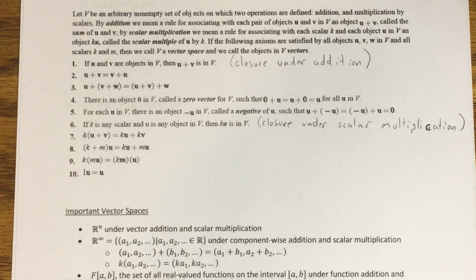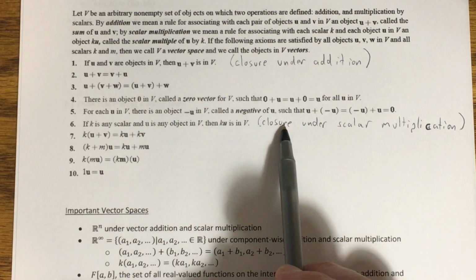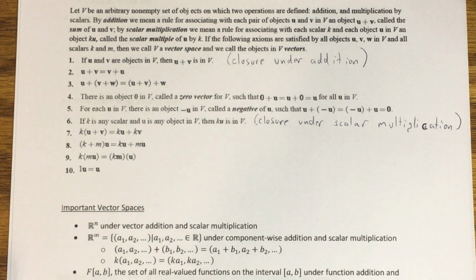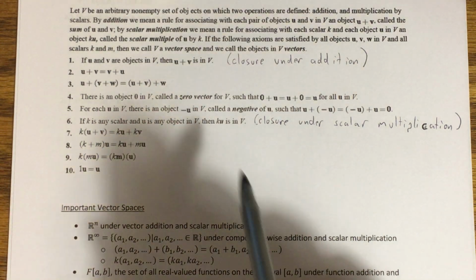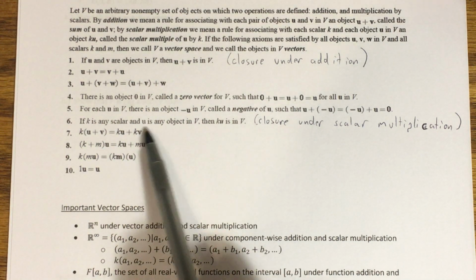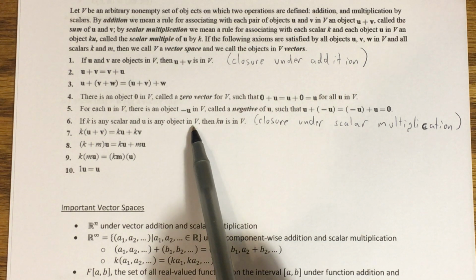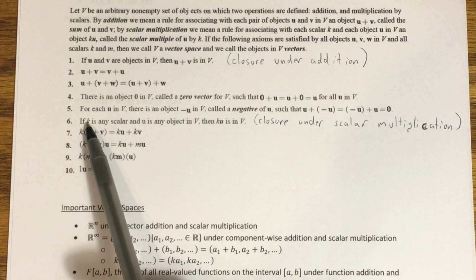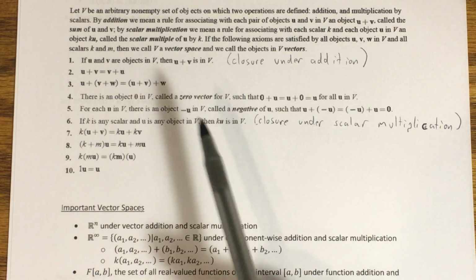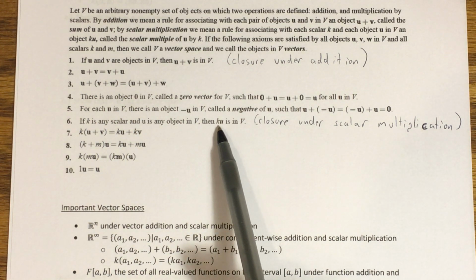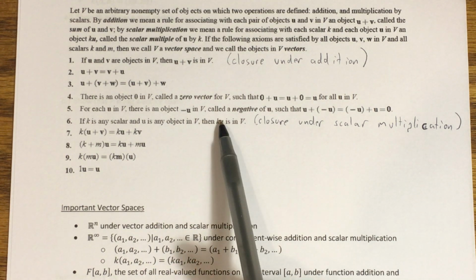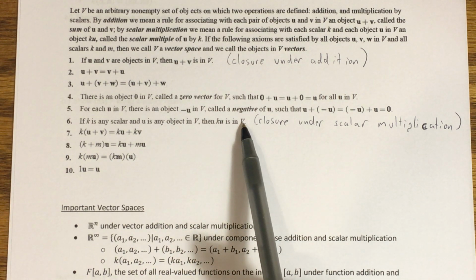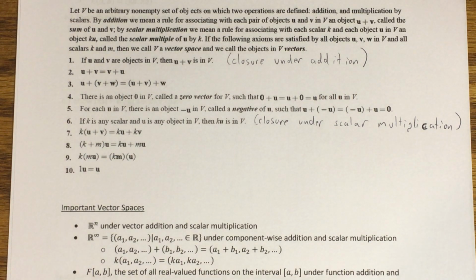Okay? So it's one of 2 closure axioms or closure properties that vector spaces have to have. And this is defined in a similar way. If you take any vector u in V and multiply it by any scalar k, then the result ku has to still be a vector in V. Multiplying u by some scalar can't take us to a vector that's outside of V if V is going to be a vector space.